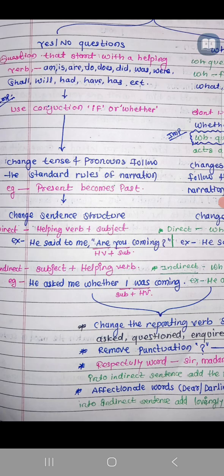So here whenever direct speech has an interrogative sentence, you must change the mood of the sentence. That means you should put the subject first and then the helping verb. Indirect speech says the subject is important.